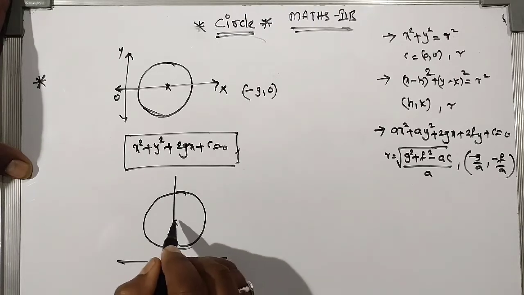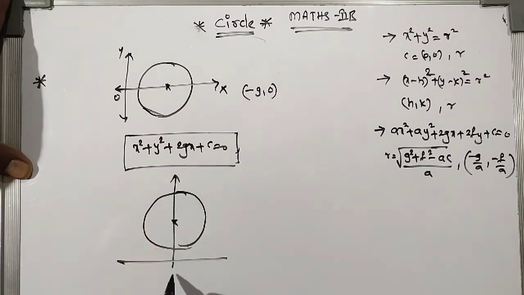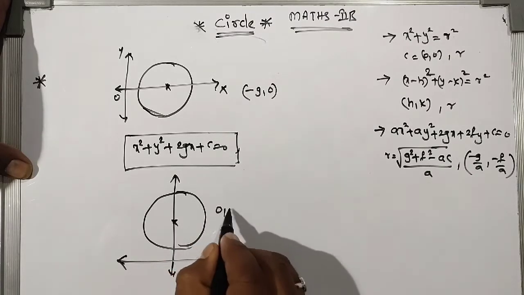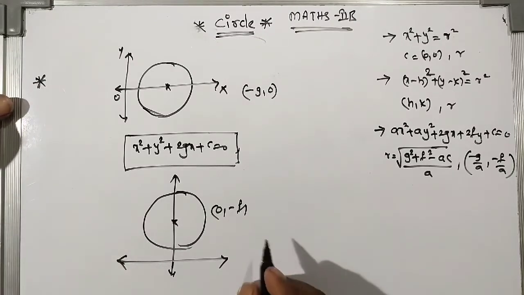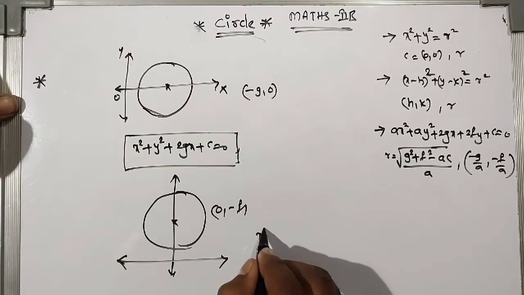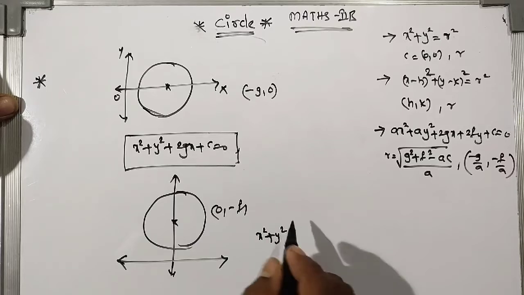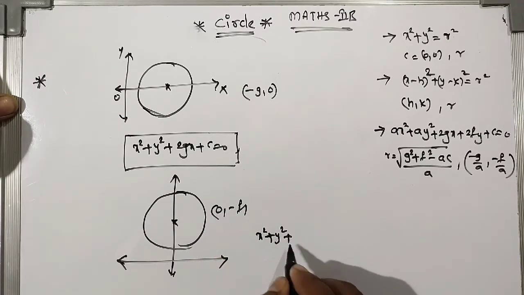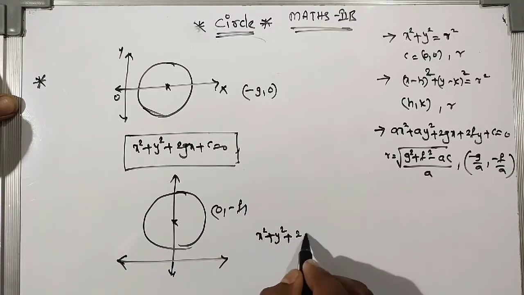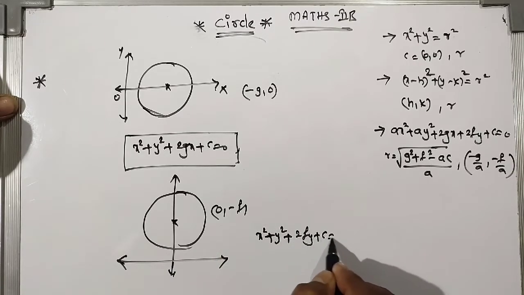Okay, so you know that on the y-axis the x coordinate will become 0, therefore the center takes the form 0 comma minus f. So its equation is x square plus y square, the g value becomes 0, that's why the x term will vanish, plus 2fy plus c is equal to 0.